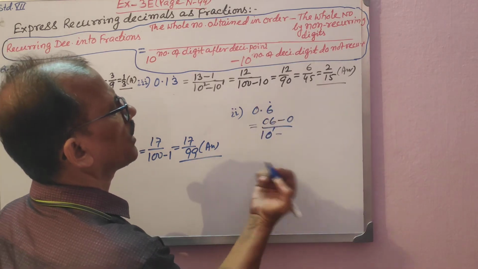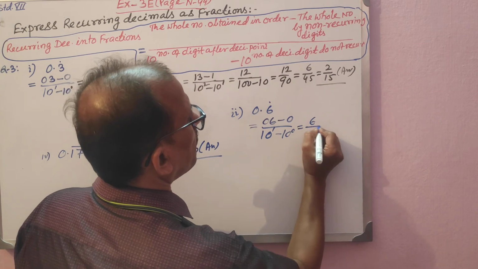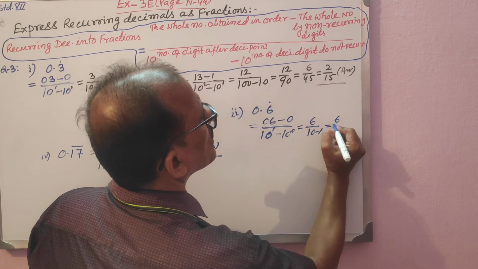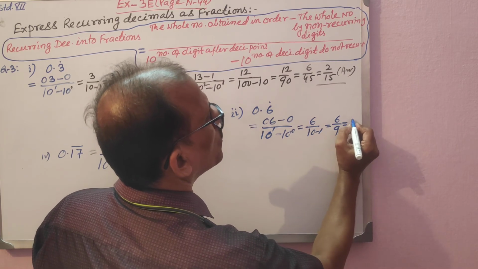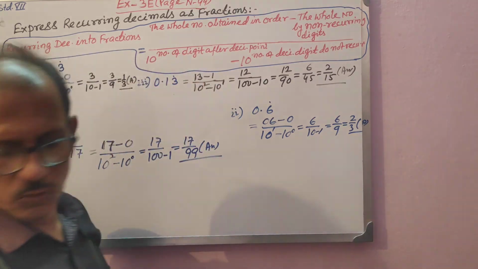Decimal digits not recurring? No, that means 0. So it will become 6 by 10 minus 1, that is 6 by 9, which is equal to 2 by 3. That is the answer. You just check, it will definitely be 2 by 3.